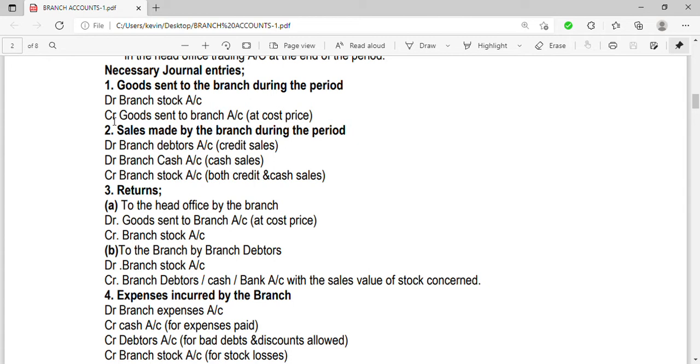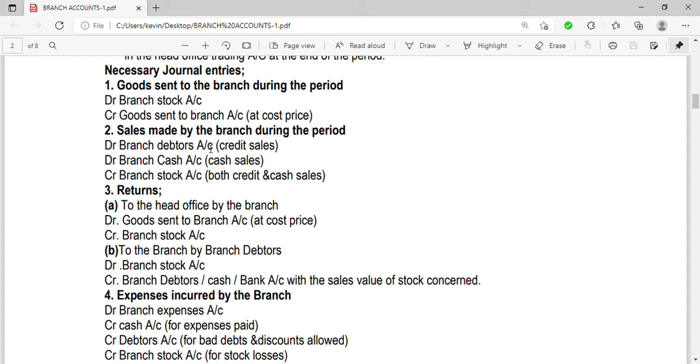Then in case of sales made at the branch during the year, we debit the branch debtors account in case of credit sales, because debtors are also assets.